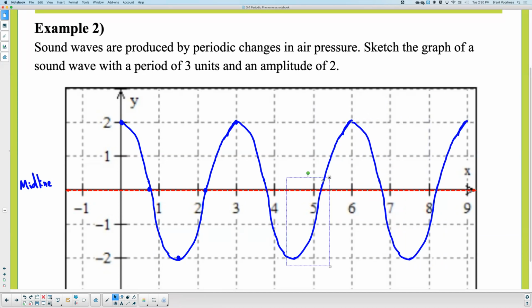Should look like that. So go ahead and get your points on. I'll just put an arrow on like that.